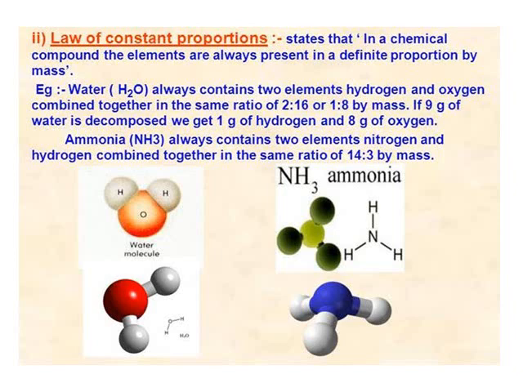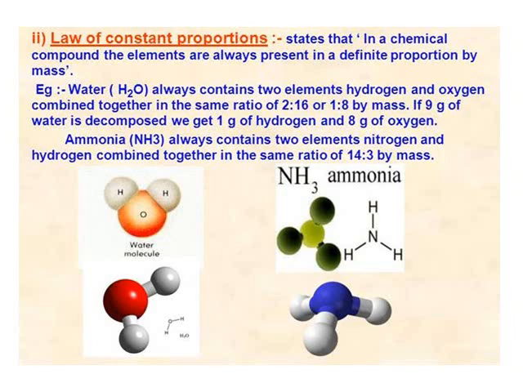So by mass, water H2O combines two atoms of hydrogen and one atom of oxygen, and when we simplify the ratio, we get 1:8. So how many parts are there in 1 plus 8? 9.